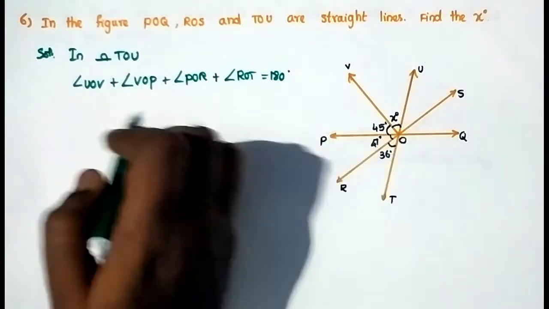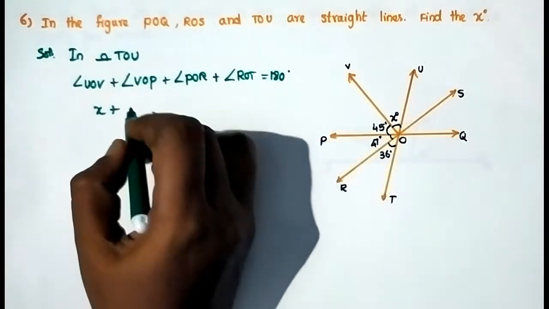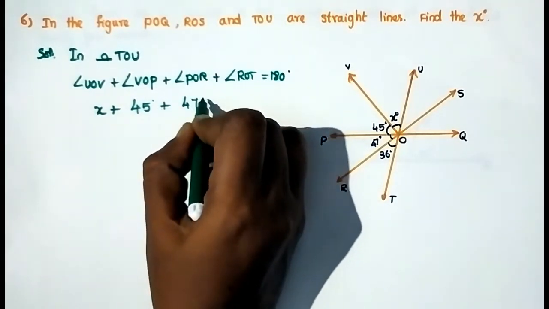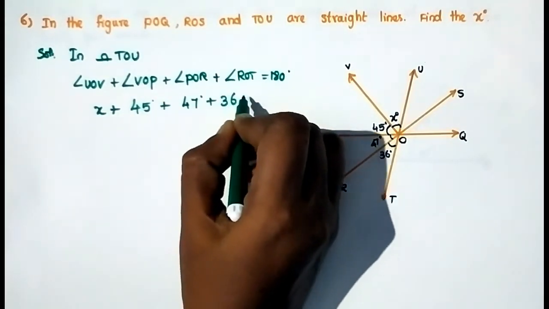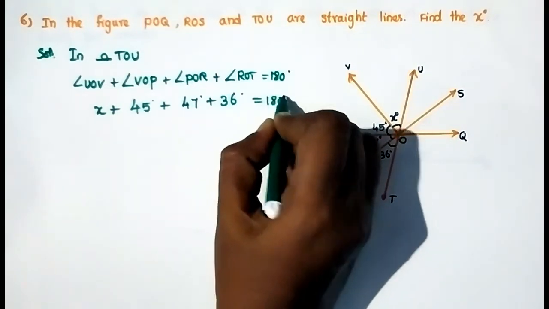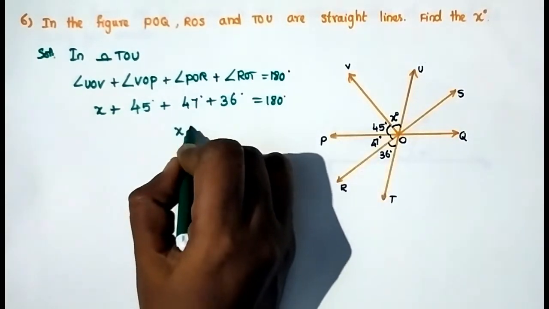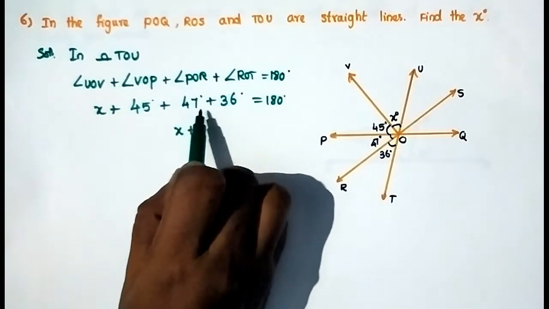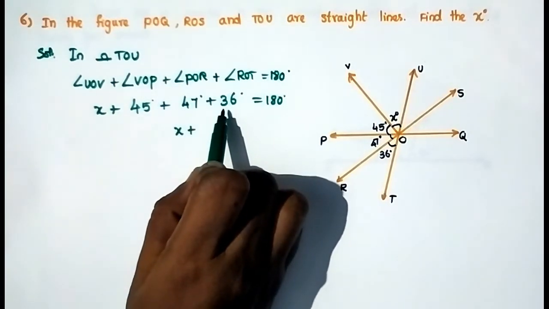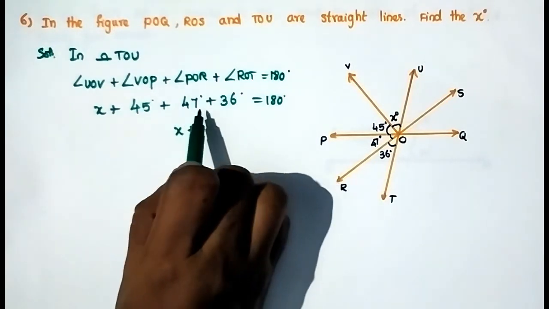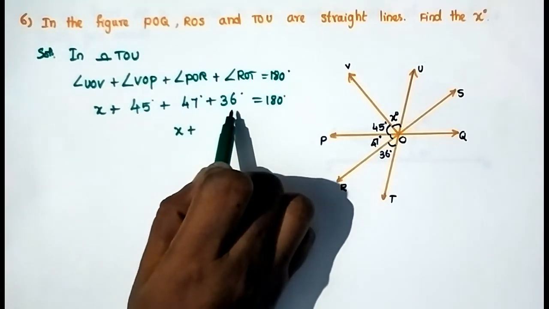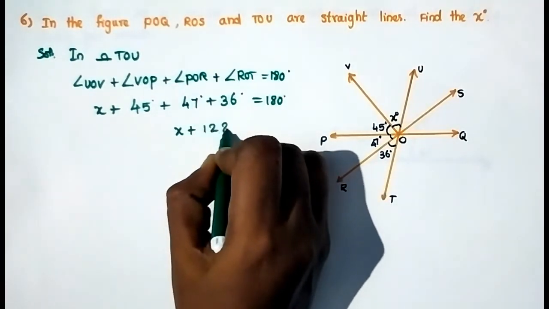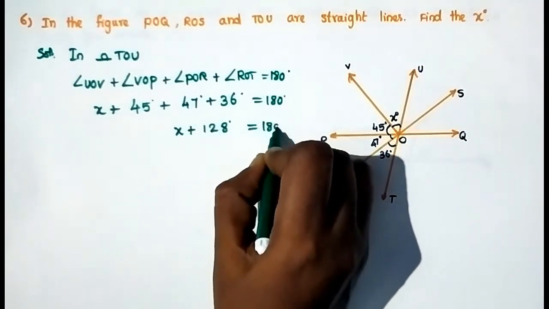Substitute the angles: x plus 45 plus 47 plus 36 equal to 180 degrees. Adding these angles, we get 128, so x plus 128 equal to 180.